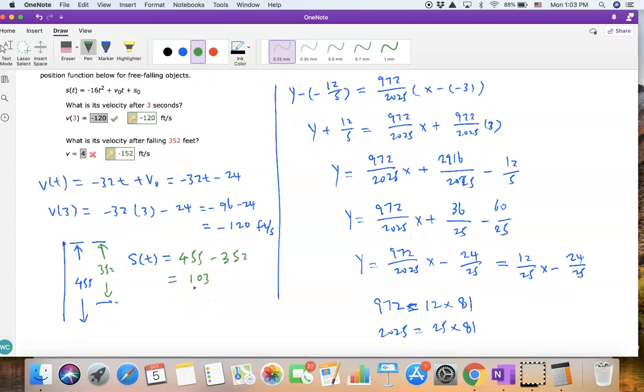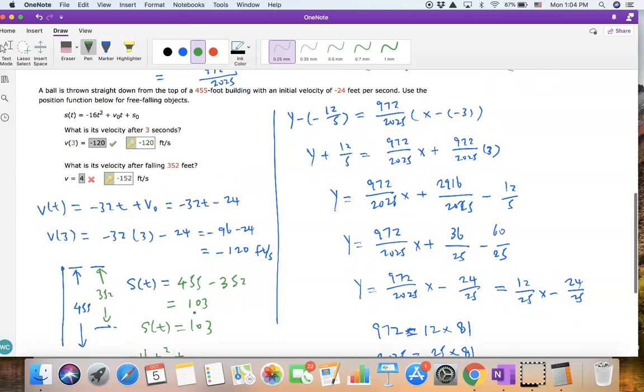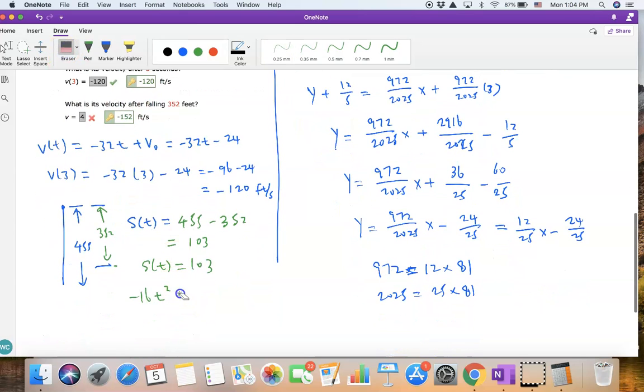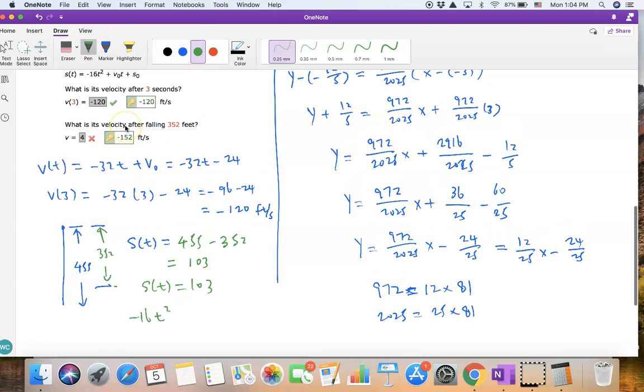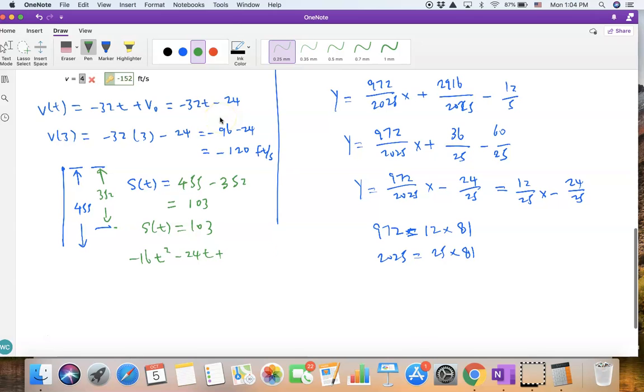After it falls 352, the position is the difference of these two numbers. Now s(t) is 103. If we solve this equation for t, v0 is negative 24, and s(0) is 455.